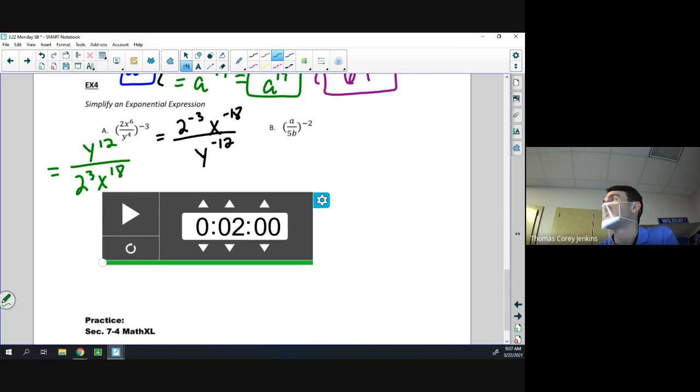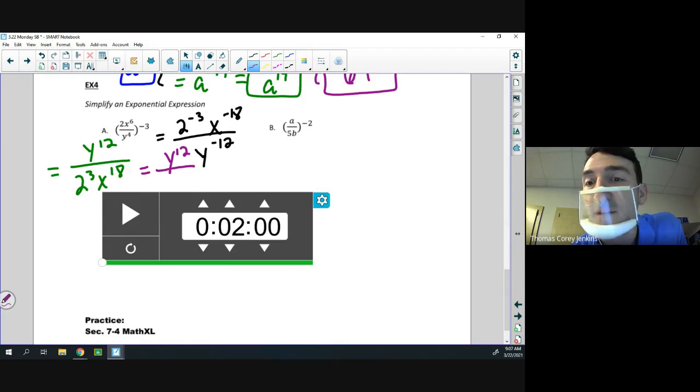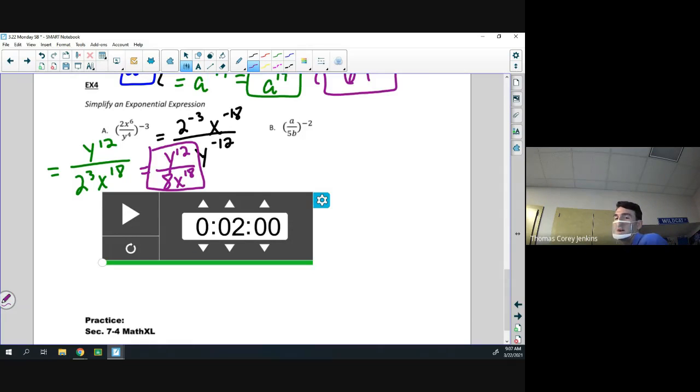The last thing I'd want to simplify there is 2 cubed, which would be 8. So my final, most simplified answer would be y to the 12 over 8x to the 18.